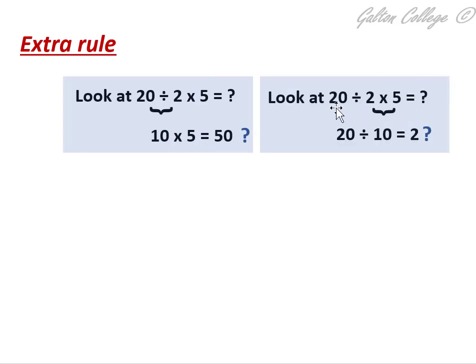Do it this way, the same thing. 20 divided by 2 multiplied by 5. Same as over here. So now we take 5 times 2, which is 10. So 20 divided by 10, which is 2. So which answer? 50 or 2?